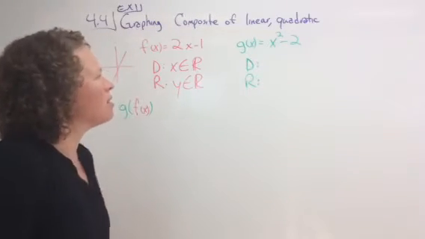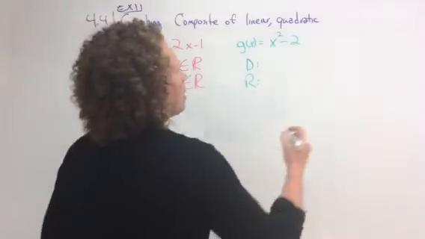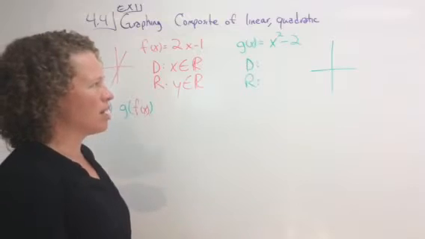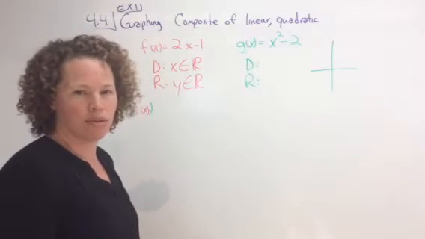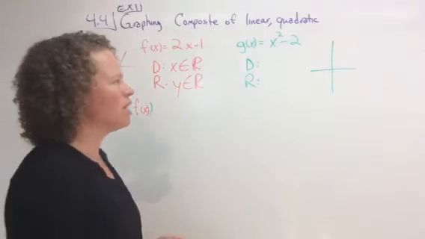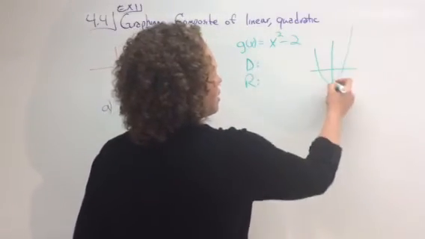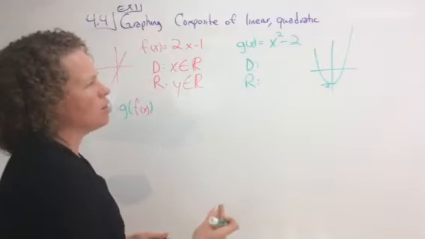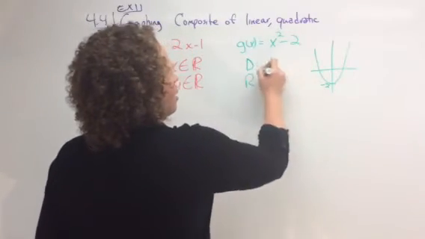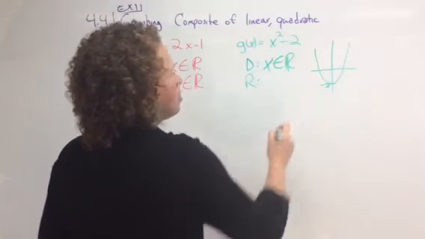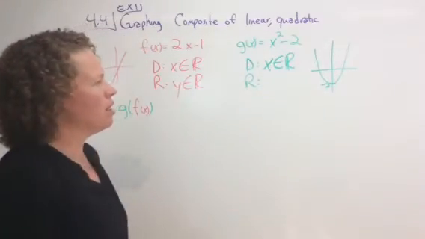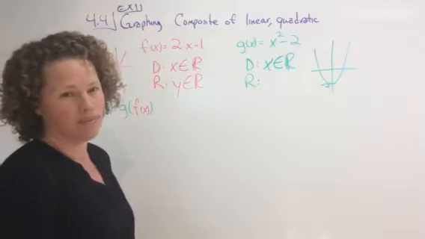If I look at this one, I've got a quadratic equation where it's simply x squared minus 2. Now, if you remember from before, if we have a minus 2 on the end, that means the graph goes like that, and this is at negative 2. So I can determine that x is in the realm of all real numbers because it's just a quadratic equation and it's going to keep going in both directions for x forever.